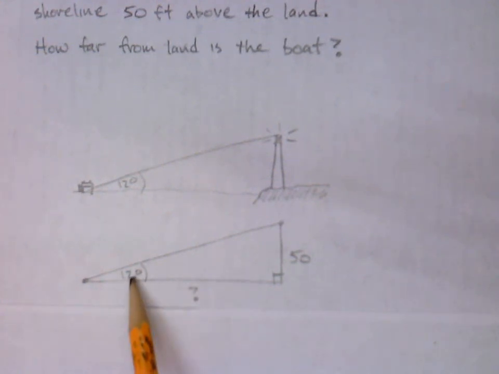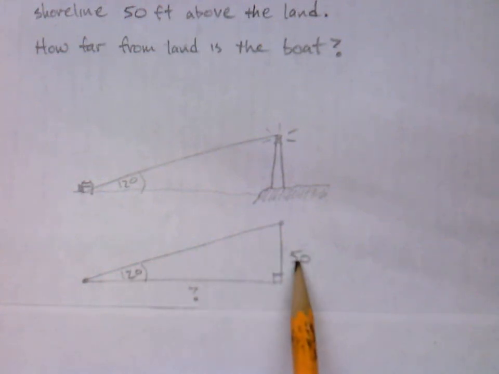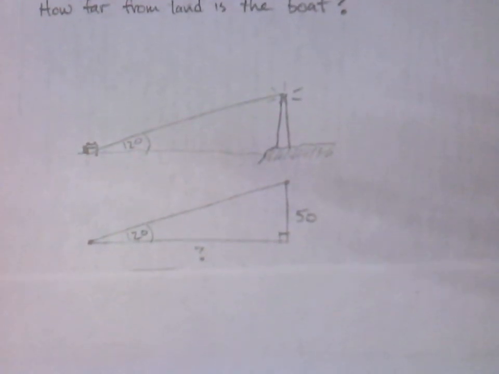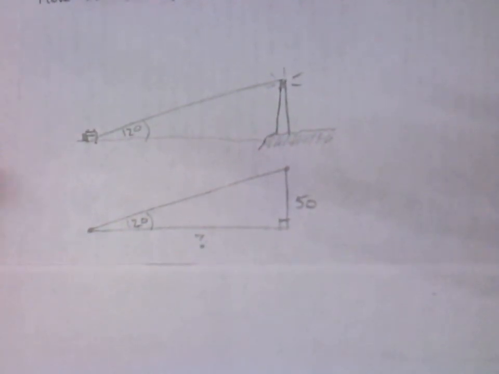So if I know this angle is 12 degrees, I know that's 50, and I would like to know this distance along the bottom. The question becomes, which of the first 3 trig ratios is going to come in handy here? Is it sine, cosine, or tangent?